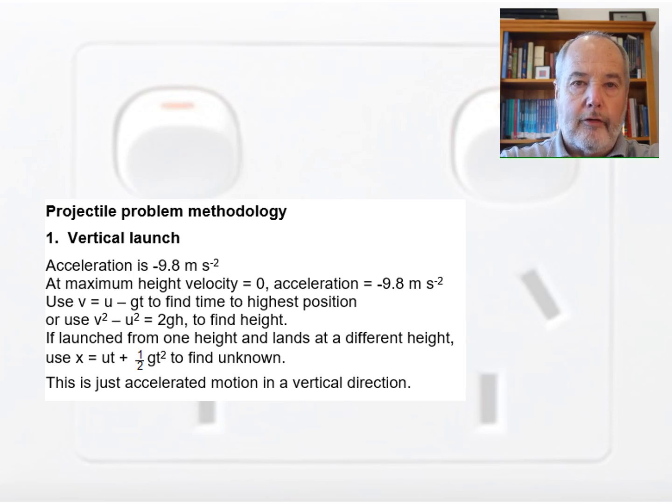Then you might be asked to find the time of flight if it returns to the original launch height, or if it falls further and lands at a different height. Basically, they will just be using equations of motion, acceleration g, and you will solve for the unknown variables.